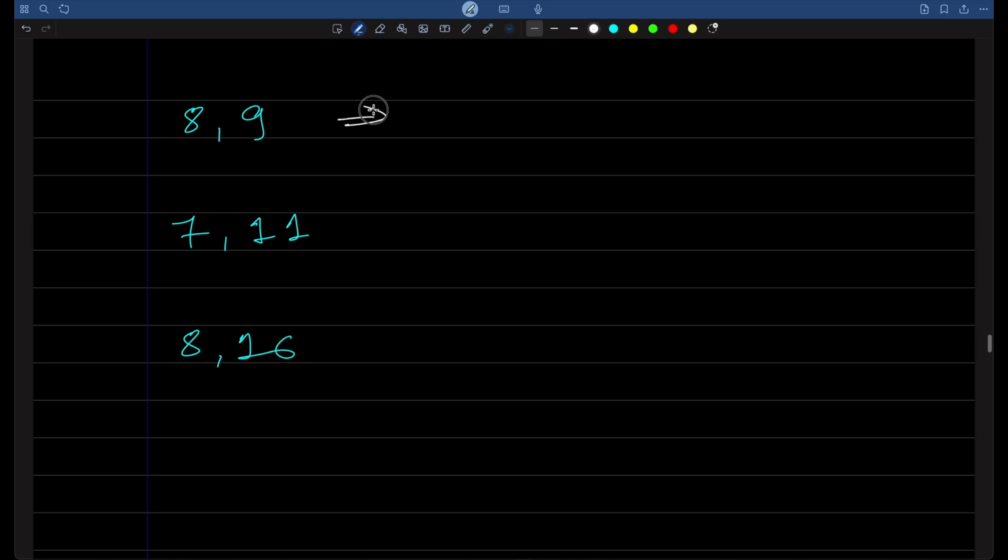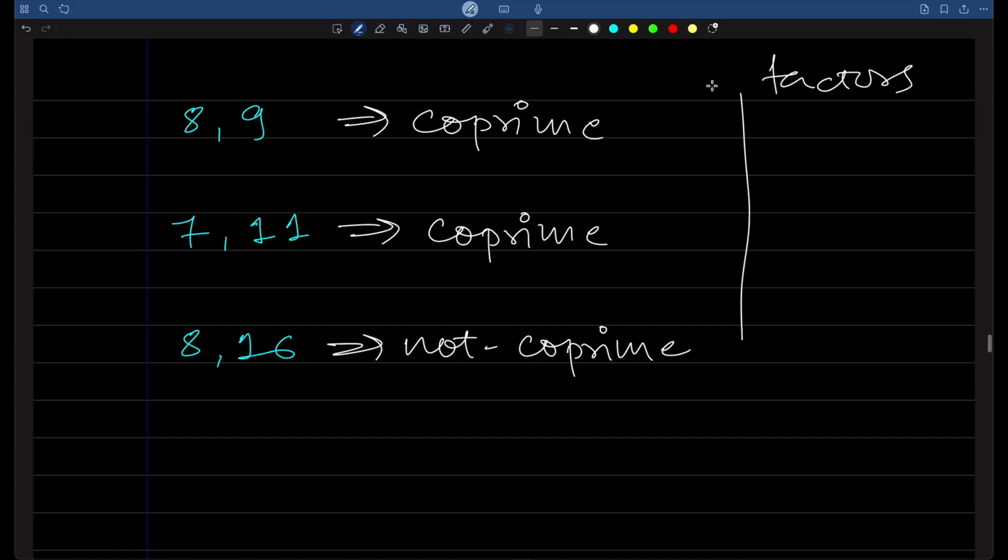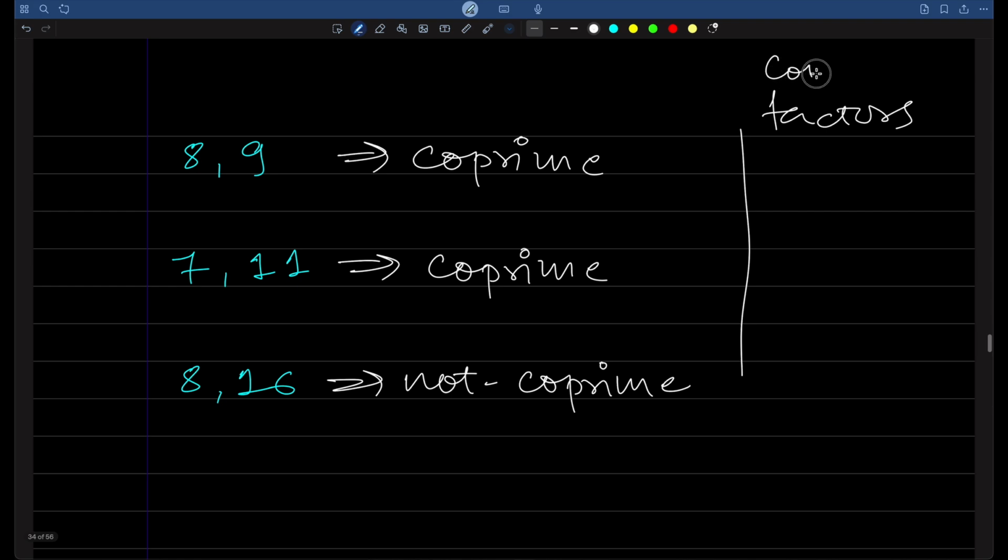Then 8 and 9 are coprime numbers. 7 and 11 is also coprime, but 8 and 16 is not coprime because we have common factors. Common factor of 8 and 9 is 1. Common factor of 7 and 11 is also 1, but common factor of 8 and 16 is 1 and 2.